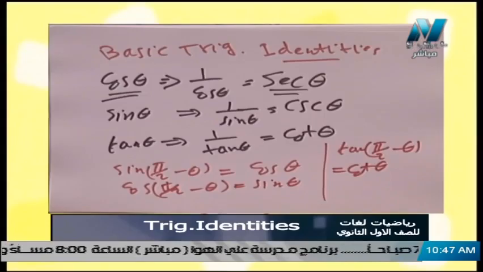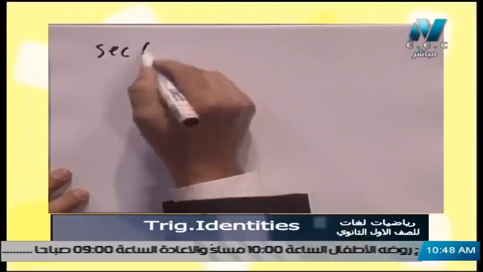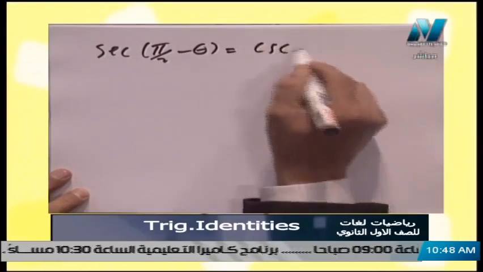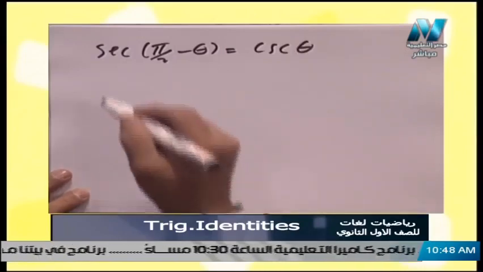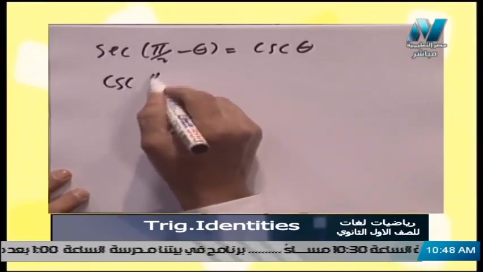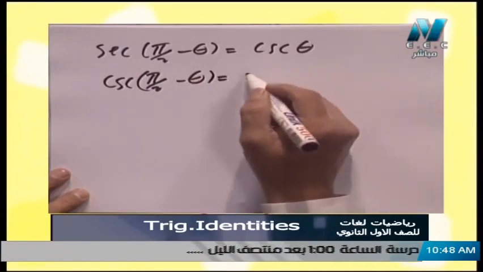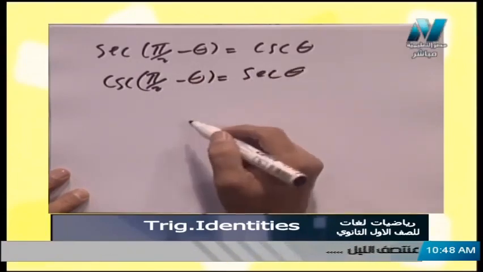We have other trig identities, as sec pi over 2 minus theta equals cosec theta. If we have cosec pi over 2 minus theta, it will also equal sec theta.